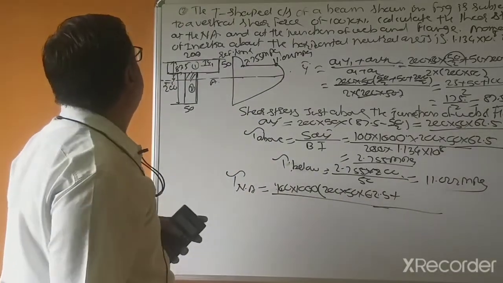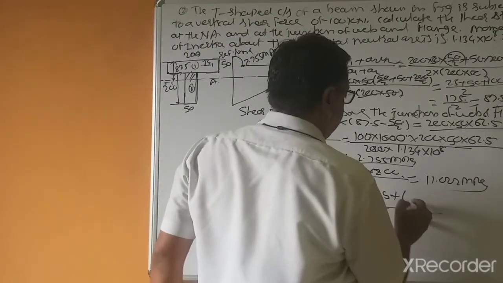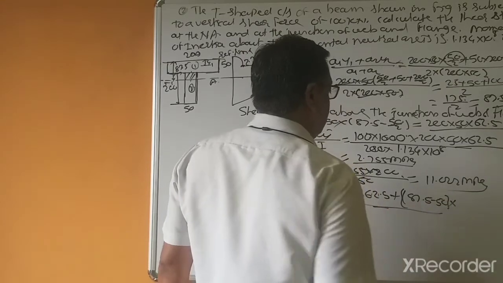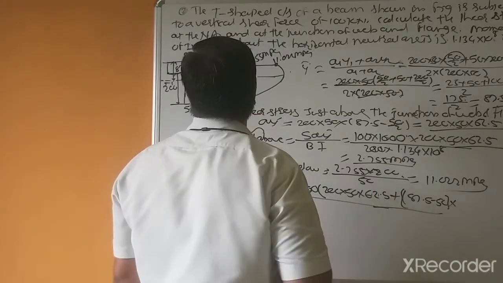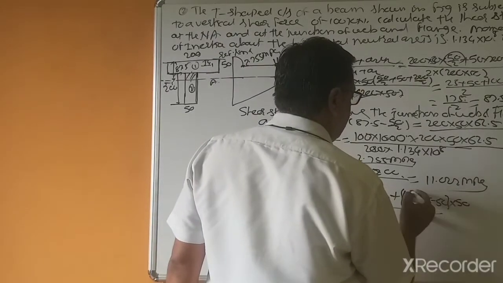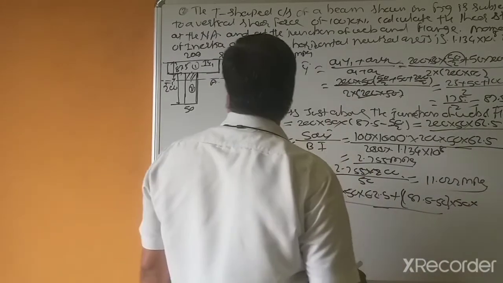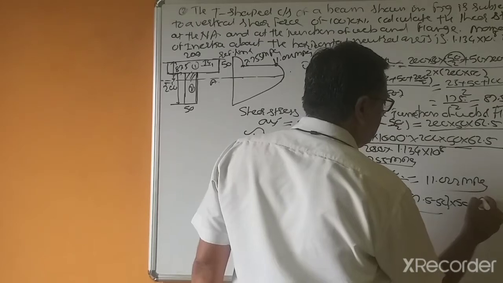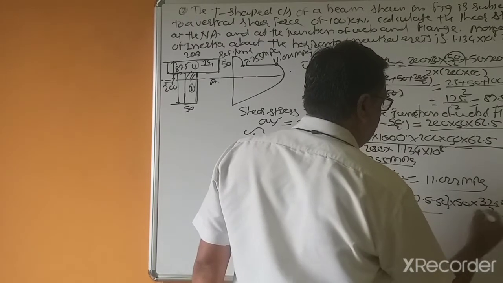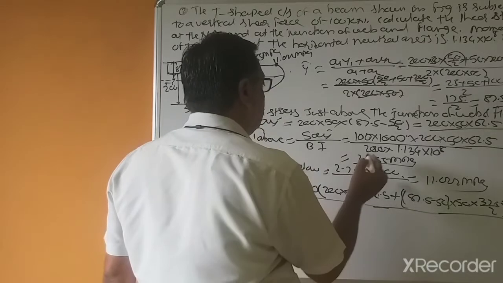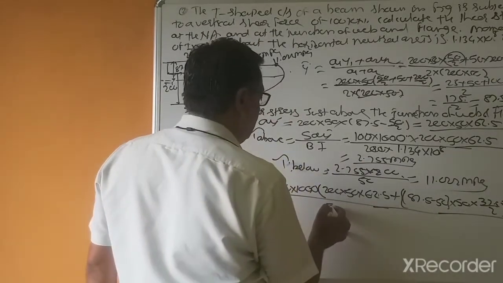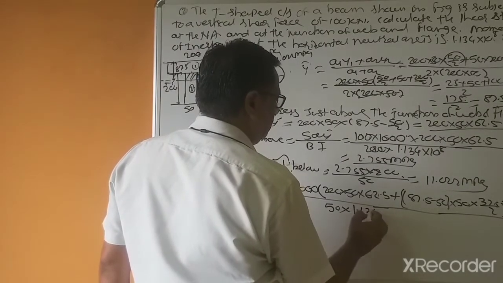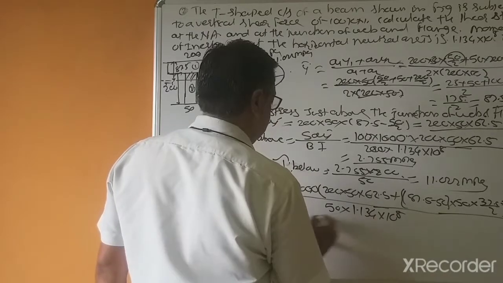87.5 minus 50. So this depth equals 50, and this is 87.5 minus 50, meaning 37.5, divided by 2, where B equals 50.